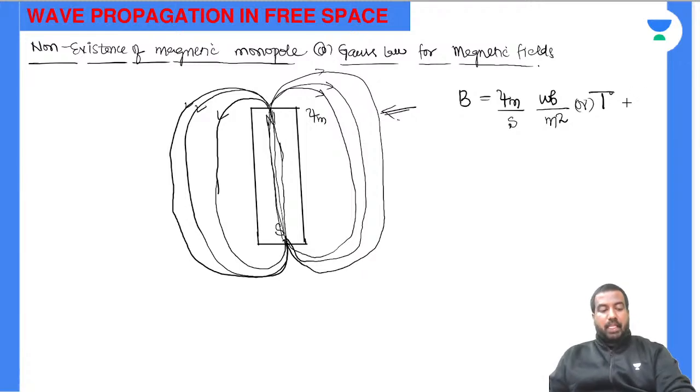Am I right? Weber per meter square or Tesla.